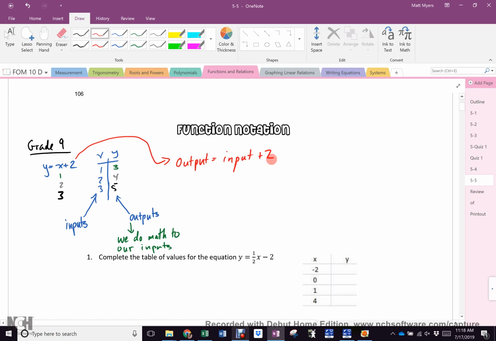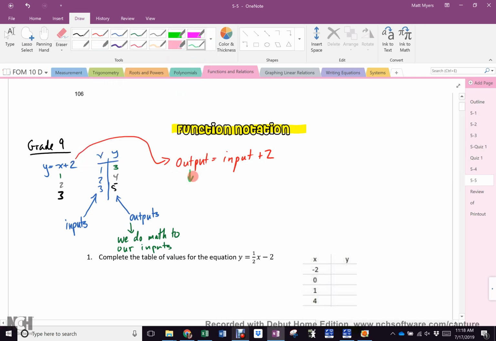But this is not how math people like to write things. Why? Because it's ugly. It's long. Math people don't like writing a lot of letters. So they invented function notation, and that is as follows.